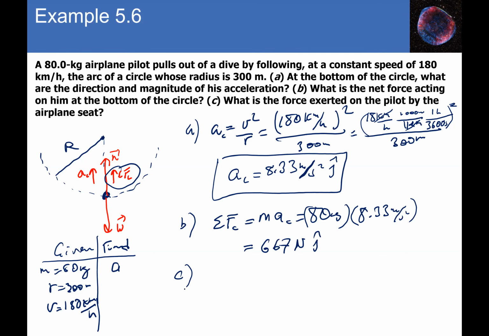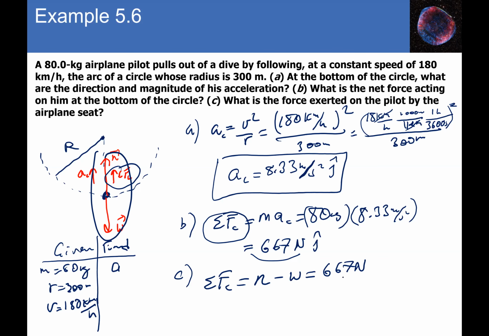Part C says, what is the force exerted on the pilot by the airplane seat? Now, what I have here is a net centripetal force, 667, but net centripetal force is due to the two radial forces acting on the pilot, which is the normal force, I can just put it like that. So normal force up and weight down. And this equals 667 newtons because this is my net force, which means that normal force equals 667 newtons plus the weight, which is basically nothing but mg, which is 80 times 9.8.